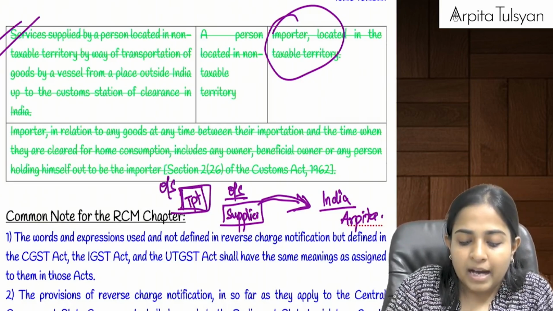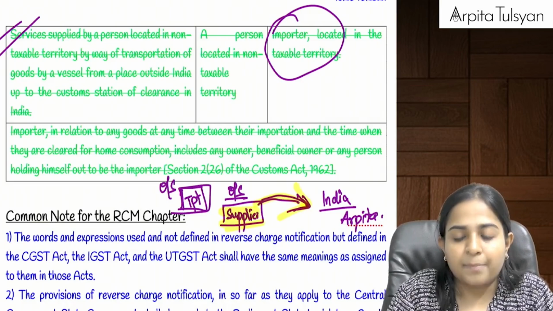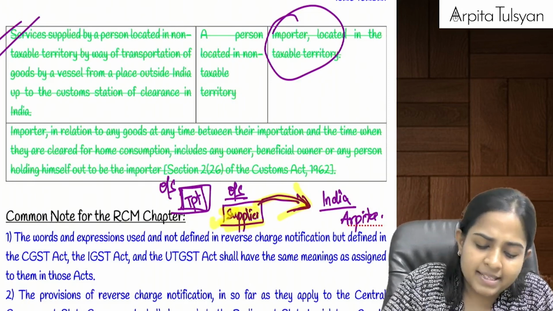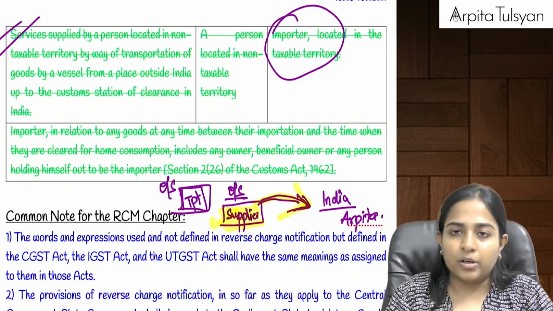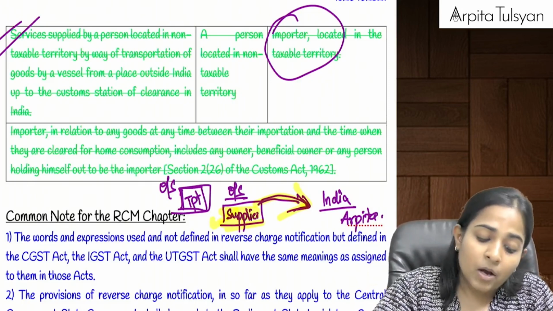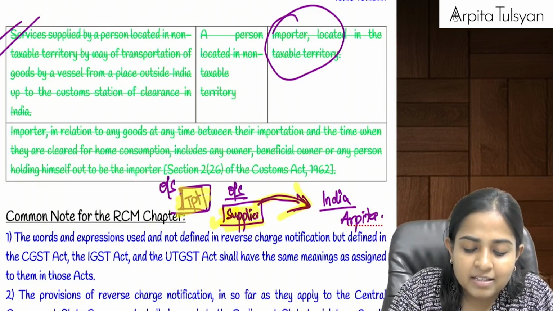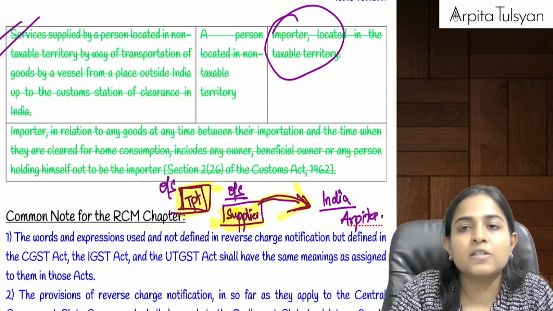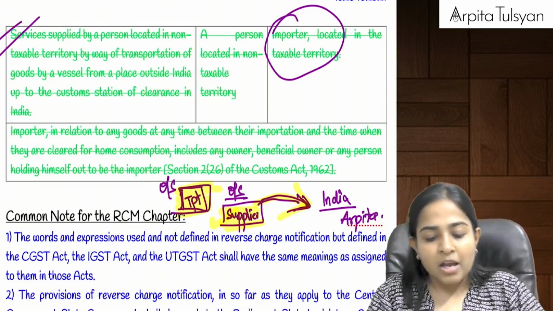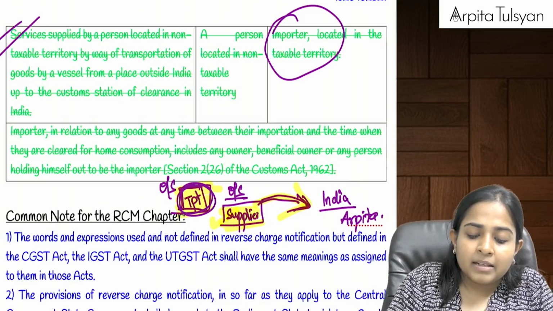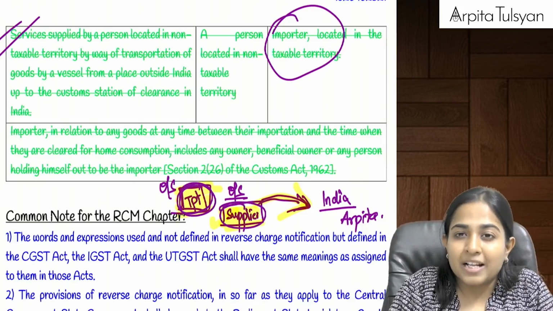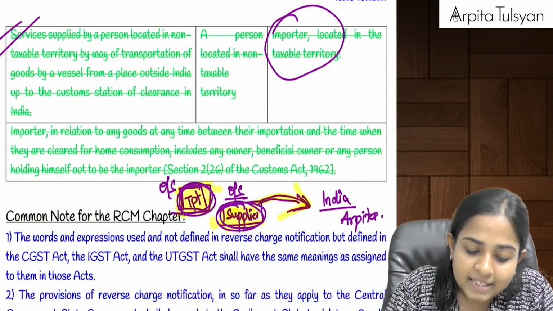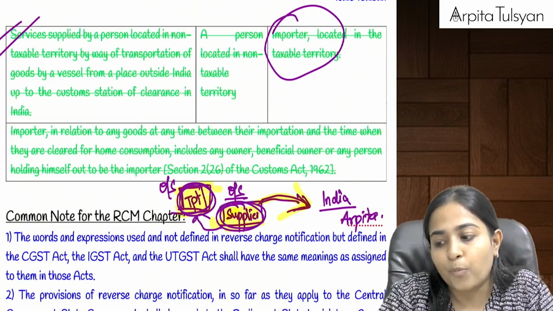I entered into an agreement with this particular supplier and told him that I want to import the goods from outside India. The supplier said, okay, fine, I will do the export from the other country, and for that we availed the services of a transporter, who is also situated outside India. For the purpose of transporting the goods here in India, this supplier would have taken the service of the transporter.